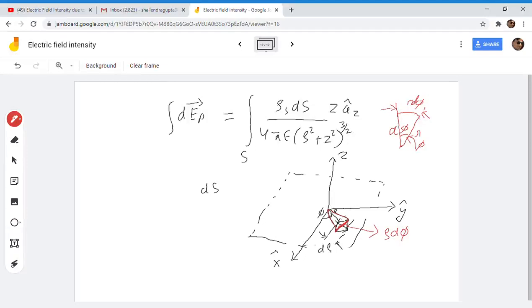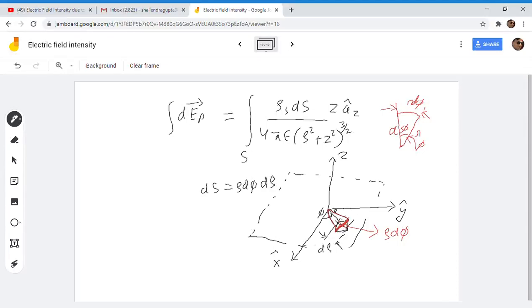So one is the arc, and this is the d rho component. So two dimensions will make the surface. Our surface area can be written as one is rho d phi, and another is d rho.